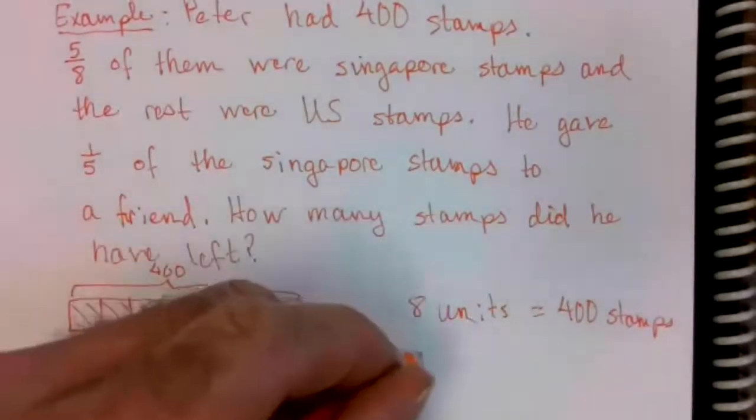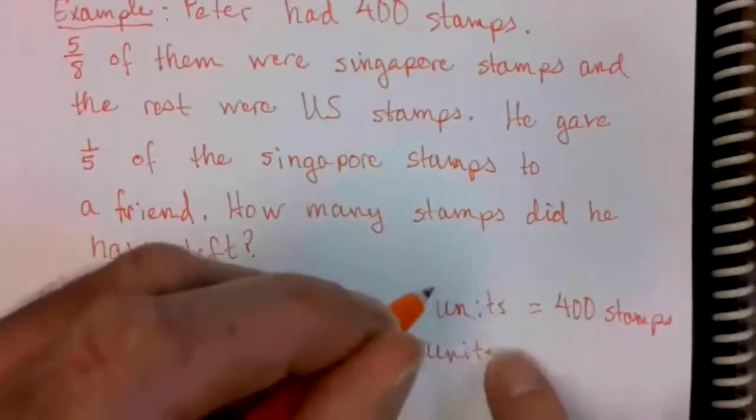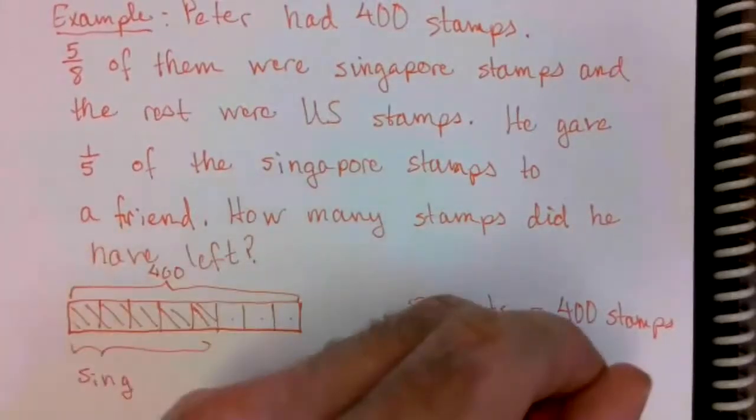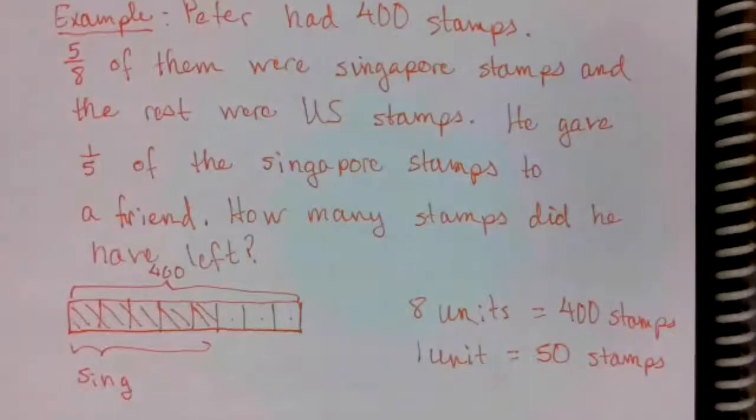So that means each unit equals how many stamps? 50, right, great. So 1 unit equals 50 stamps. Now this is actually kind of neat. Notice how many boxes are devoted to the Singapore stamps? 5 boxes.